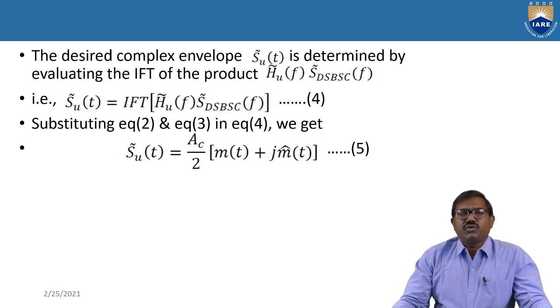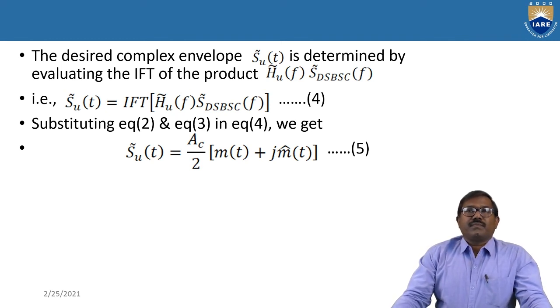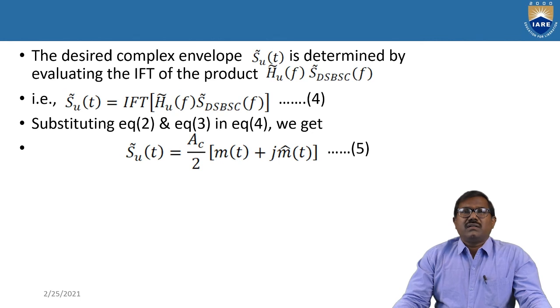So we substitute those two expressions and apply the inverse Fourier transform, and you get s̃_U(t) equal to Ac/2 of m(t) plus j m̂(t). This hat comes from the Hilbert transform applied to the message signal.